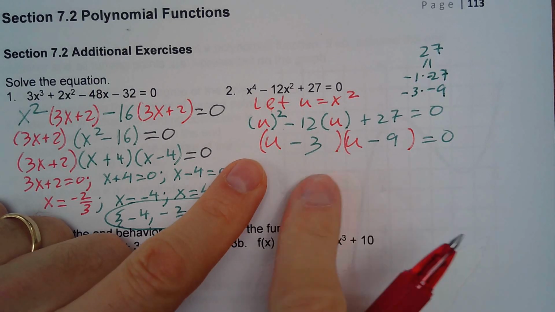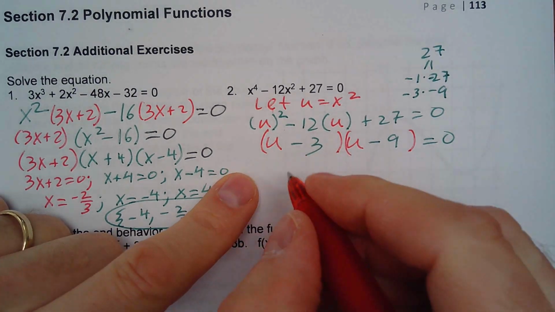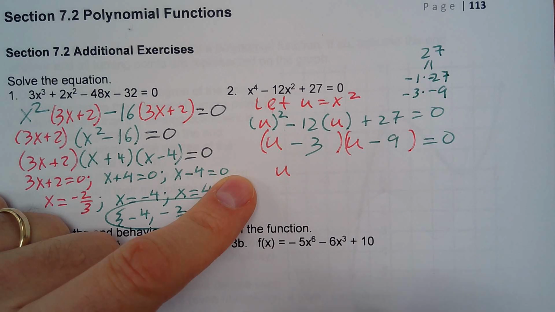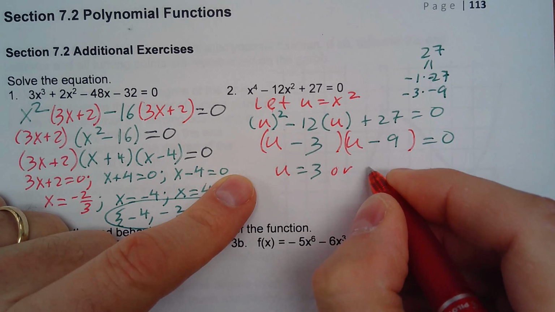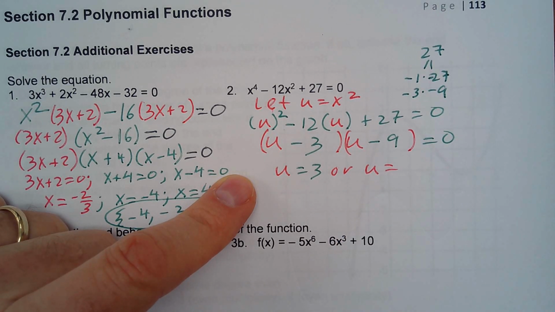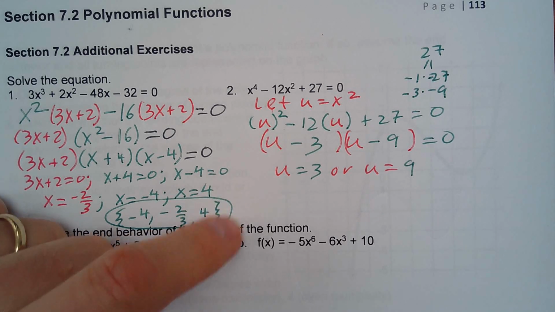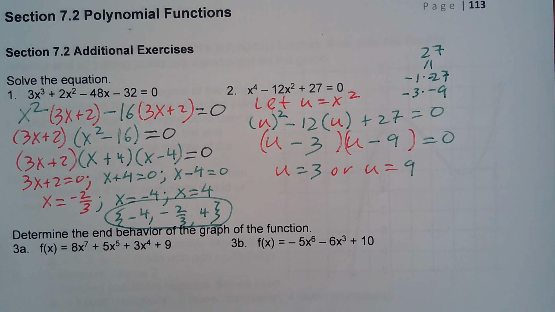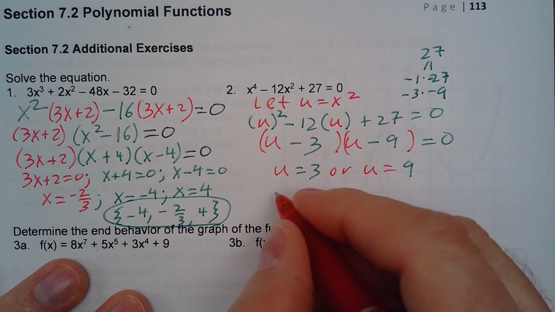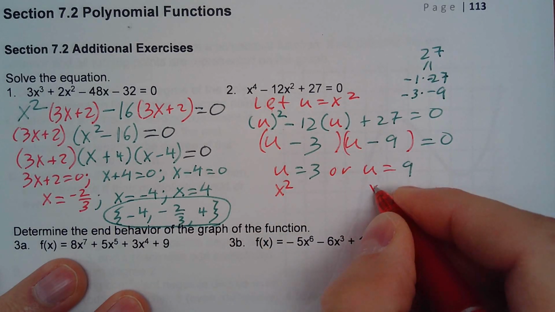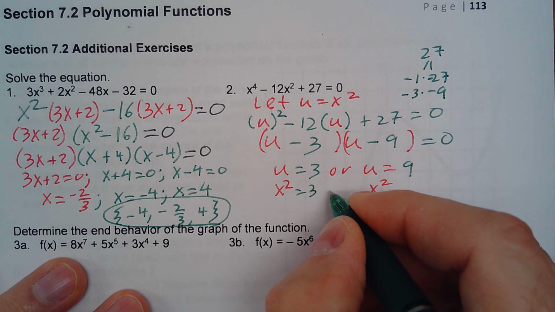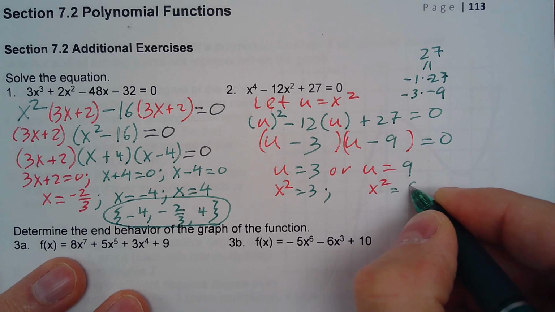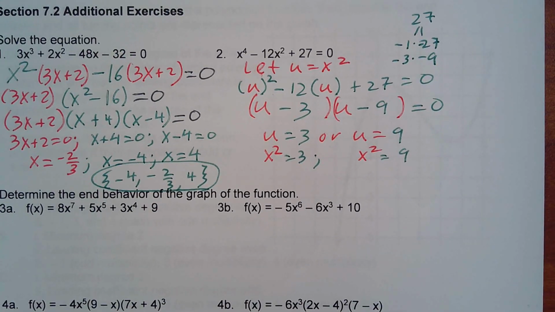Well, if we set each of these equal to 0 and solve, you're going to get u equals 3 or u equals 9. But remember what u was, that was our x squared. And now just use your square root property.